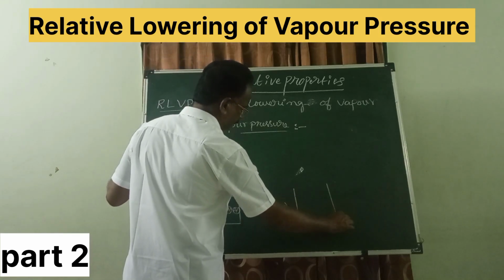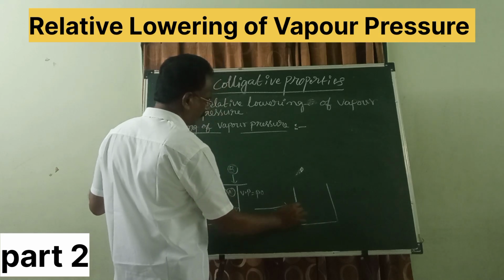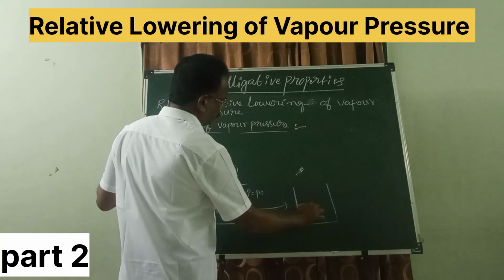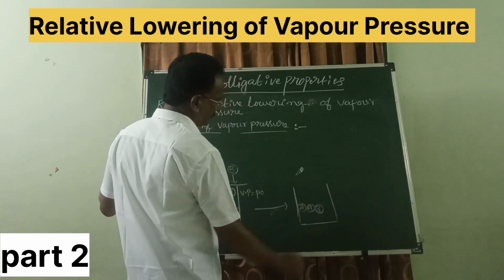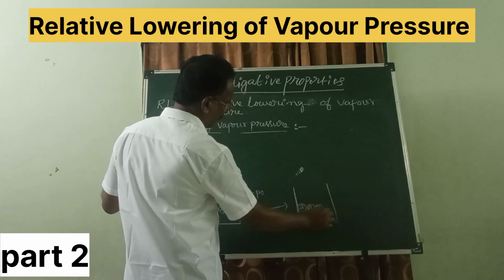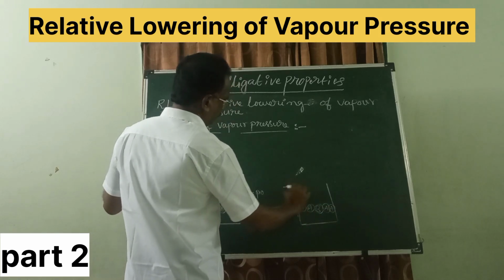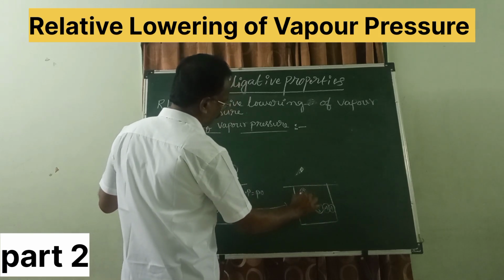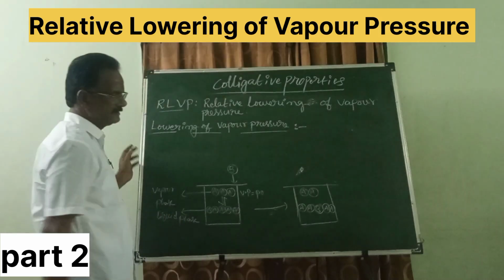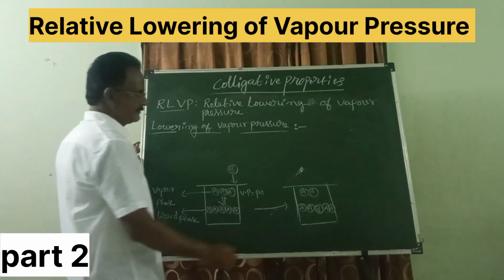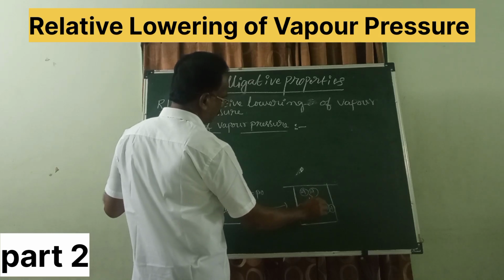Because of the non-volatile solute B, the number of particles of solvent A present in the vapor phase will decrease.